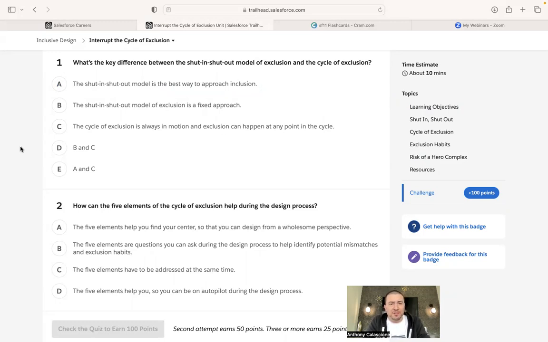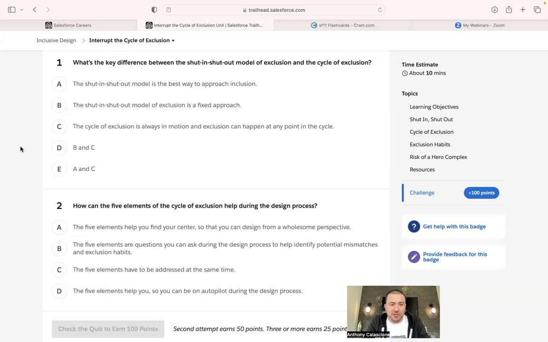The shut-in, shut-out model is the best way to approach inclusion. No, I think it defines exclusion, right? The shut-in, shut-out model of exclusion is a fixed approach. I think it's fixed. They were talking about how it's since the beginning of time, so that sounds fixed.